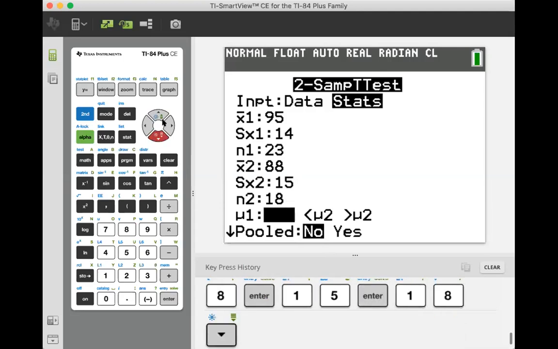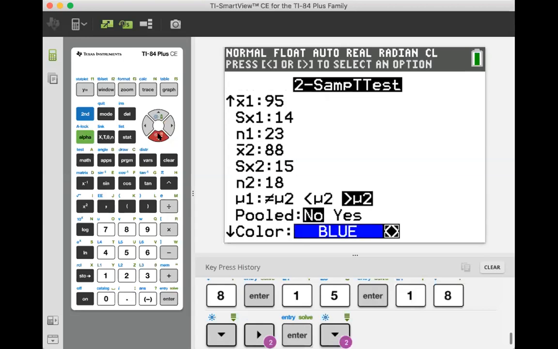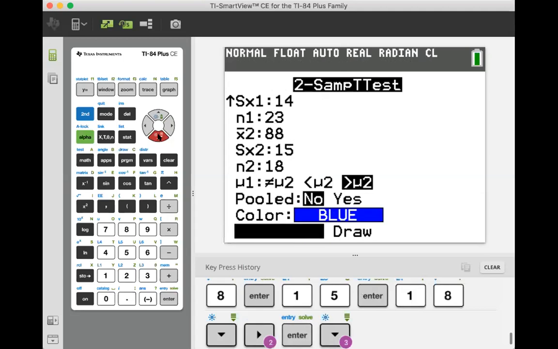So I'm going to go down and over to greater than and hit enter to make sure that's highlighted. And we'll always leave pooled as no. Do not change that. Or if it does say yes, change it to no, because that implies we're assuming that the two means are not the same.